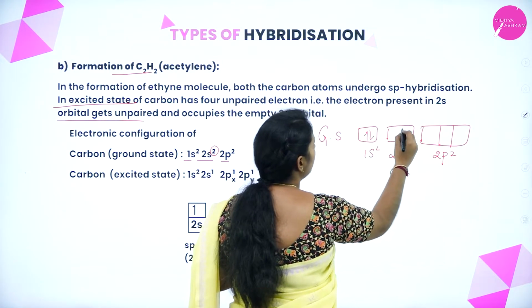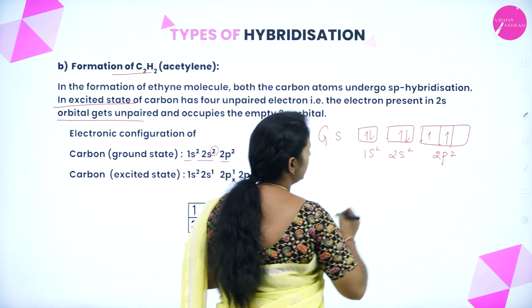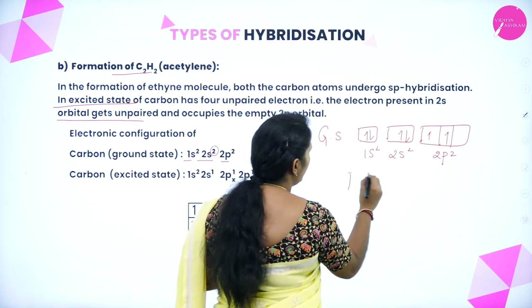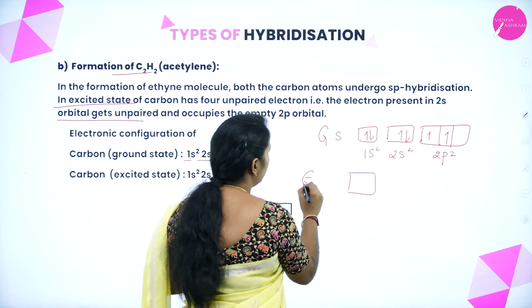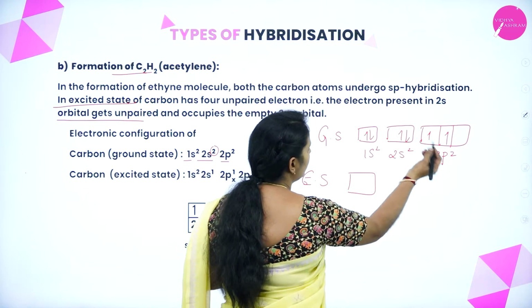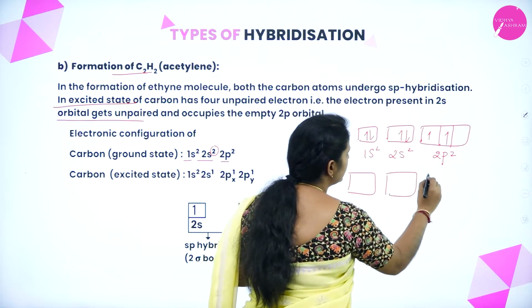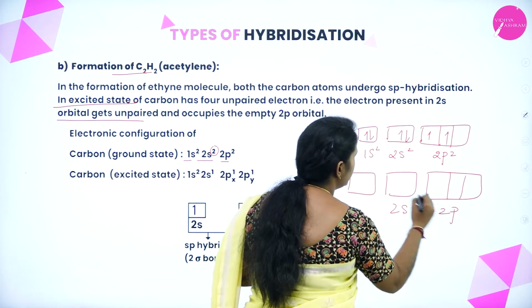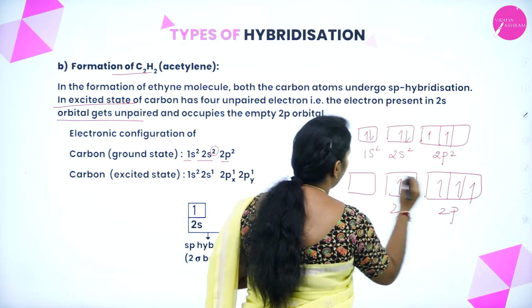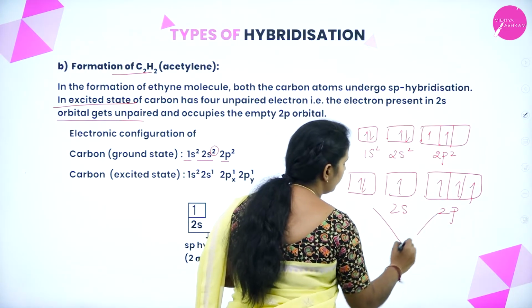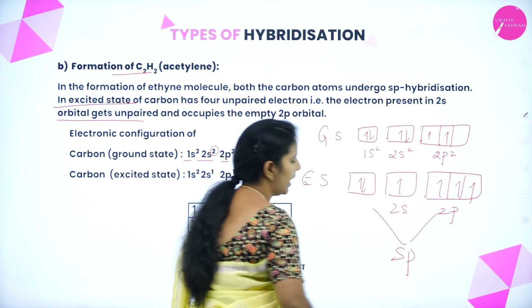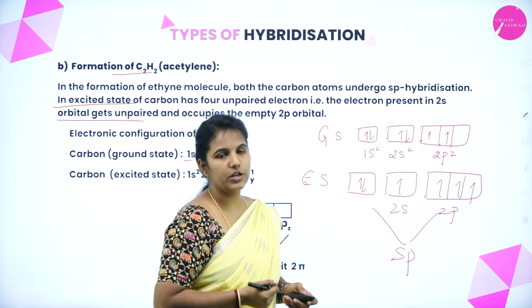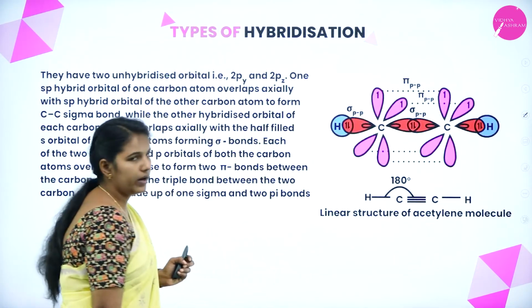So it is 1, 2 and 2. Is it right? In the excited state, one electron from the s orbital gets shifted to 2p and results in the formation of sp hybridization.